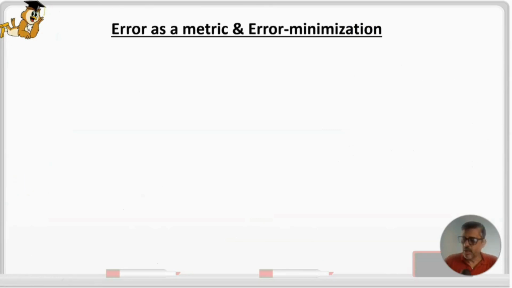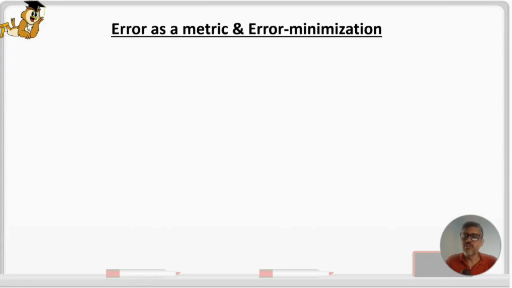We took a detour in the previous lecture and discussed some of the general optimization ideas. That was an important lecture, and it helped us get a grip on how optimizations are structured in general. And we said that one specific type of metric that is used for optimization is the error itself.